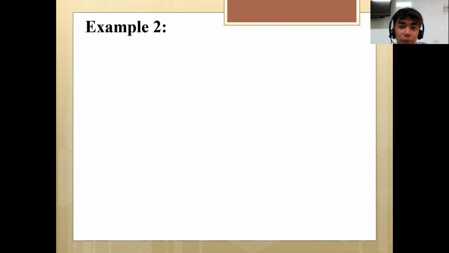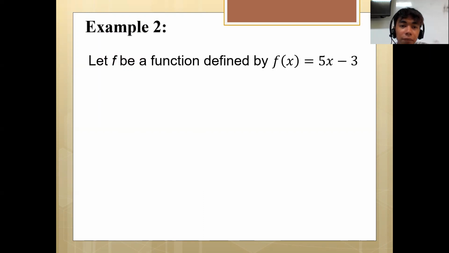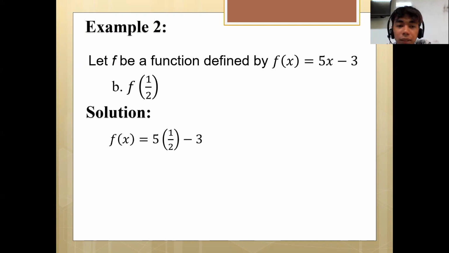Next, example number 2. Let f be a function defined by f of x is equal to 5x minus 3. So what if our value of x is 1/2? Just follow the process, substitute the 1/2 to our x. You have now f of 1/2 is equal to 5 times 1/2 minus 3.